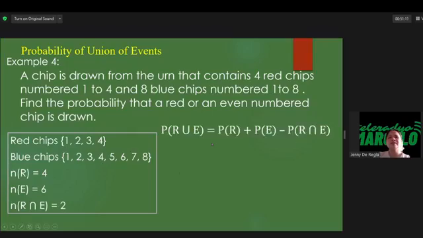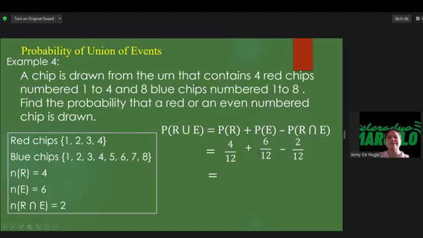So the probability of an event R union E is equal to the probability of R plus the probability of E minus their intersection. So we have 4 over 12 plus even numbers, 6 over 12, minus the intersection, 2 over 12.